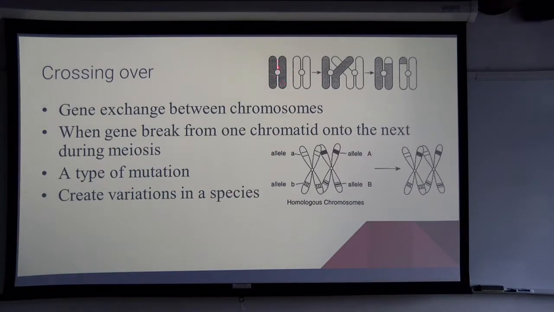So here, let's say these are two homologous chromosomes, and so during that process of meiosis, pieces of the chromosomes actually exchange or break off, change location, and so you'll end up with a homologous chromosome that has a new set of information on it. And so that gives you a variation.